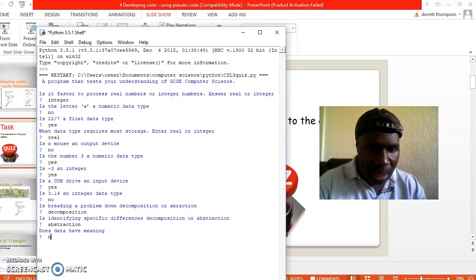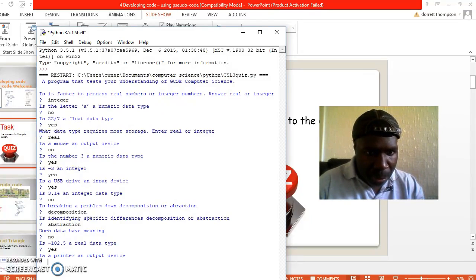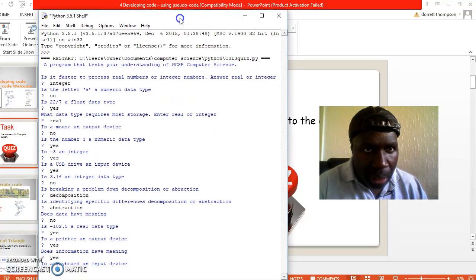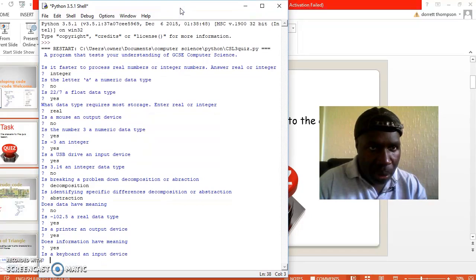Does data have meaning? No. Is 102.5 a real data type? Yes. Is a printer an output device? Yes. Does information have meaning? Yes. Is a keyboard an input device?